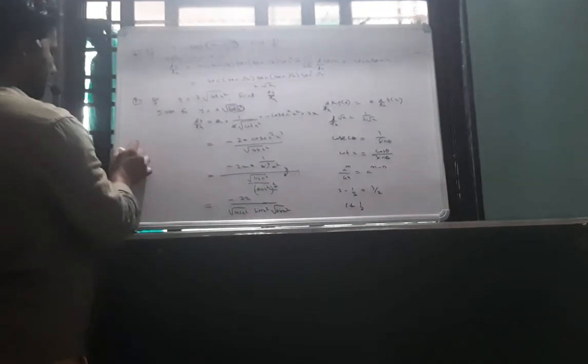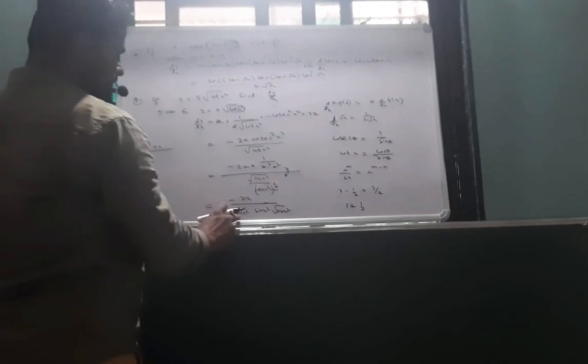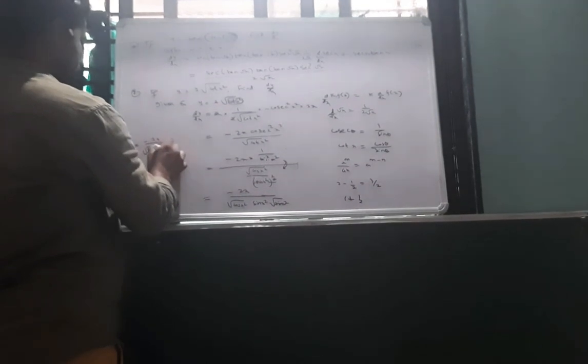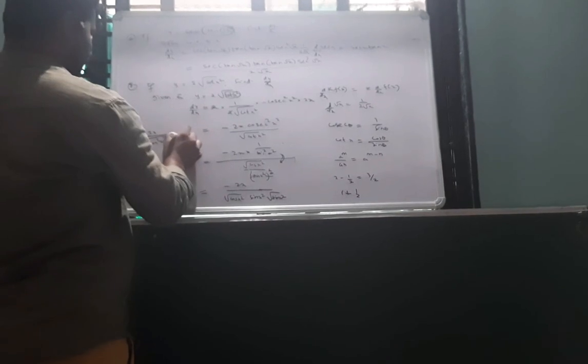So then dy by dx is equal to what now? Minus 2x by root cos x square into root sin x square, which is root of cos x square sin x square, into separately sin x square.